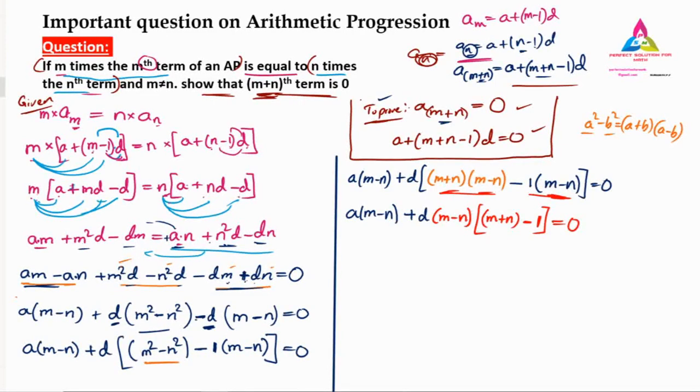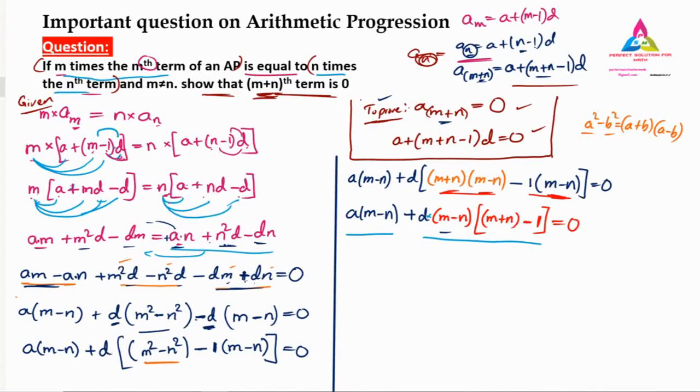I am changing the ink because you have to understand why I changed it. I changed the ink because you have to understand that m minus n I have taken common. That is the key part. Now again, one more time. See here, now we have taken the common. This whole thing is one term, because everywhere it is multiplication.